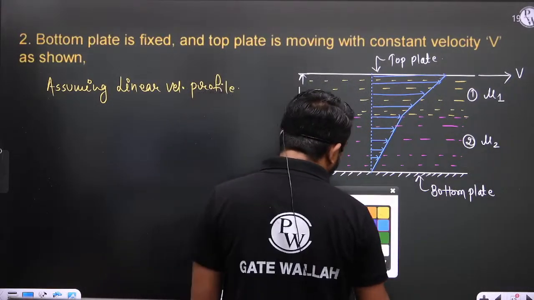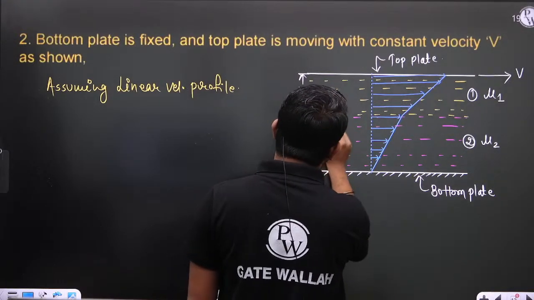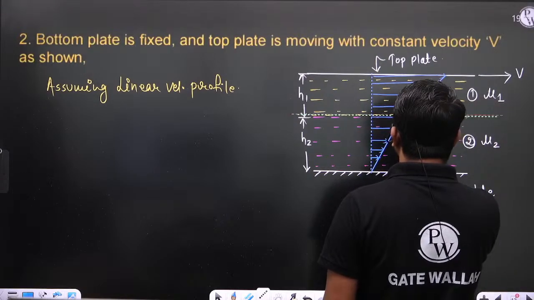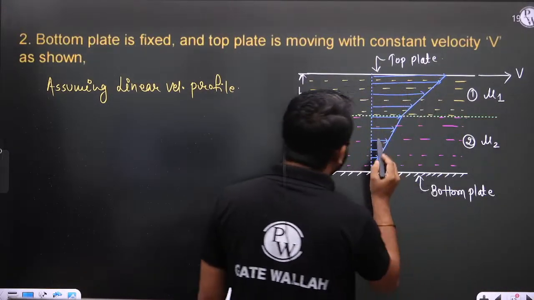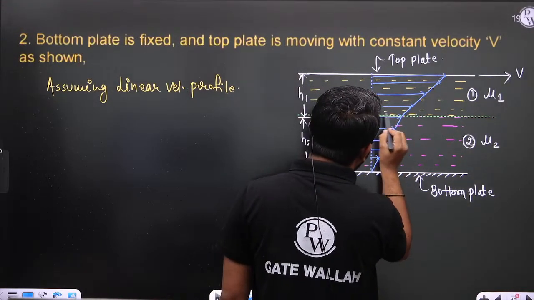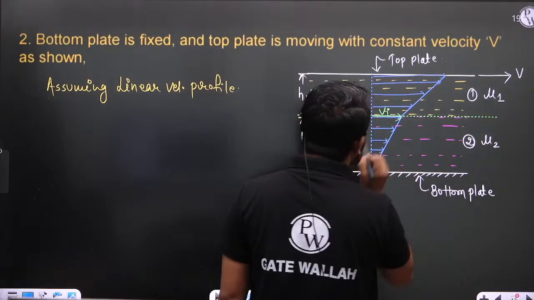Fine. Now let us consider the interface velocity. If you see the interface of these two liquids, let us consider this interface having velocity VI.